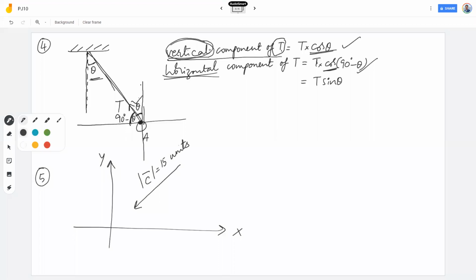The vector c bar makes an angle 45 degree with a line parallel to the x-axis. All this is given. What is the x component? What is the y component?